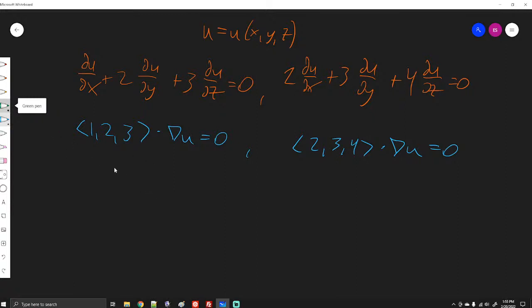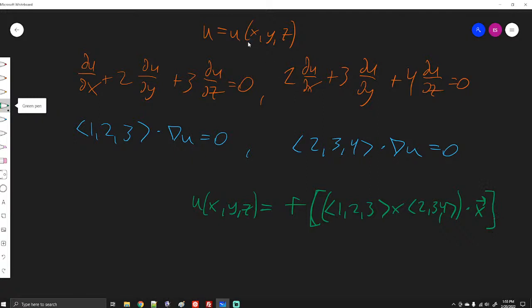So we say that u of x, y, z equals an arbitrary function of, this is going to be 1, 2, 3 cross 2, 3, 4, and then dotted with the position vector x.